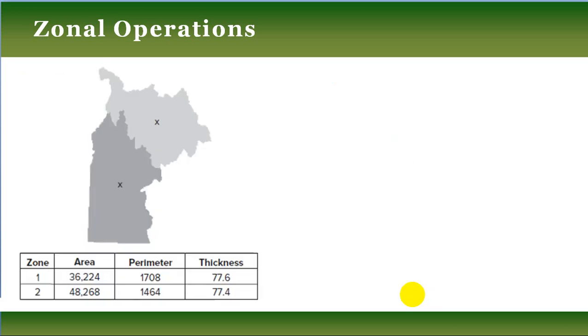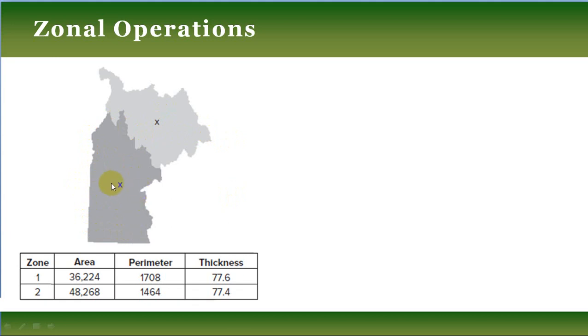Let's see, this is an example of a zonal operation with a single raster. In this raster, this is one zone, this is another zone. When you perform a zonal operation on a single raster, it will calculate every zone's centroid. It will calculate their area, for example in square kilometers.